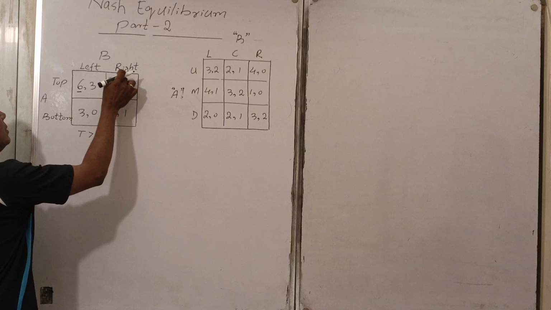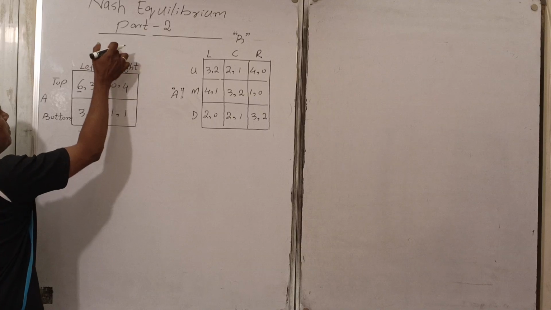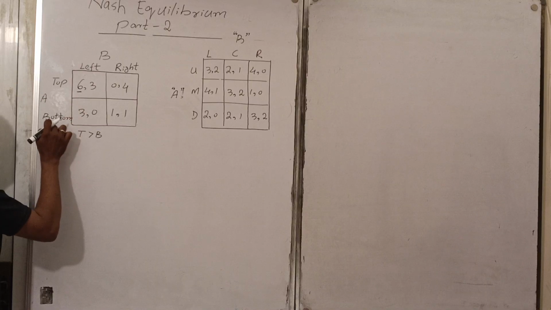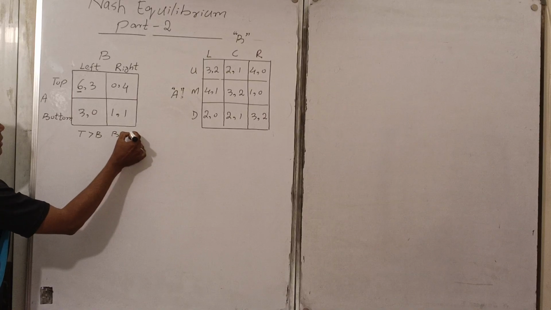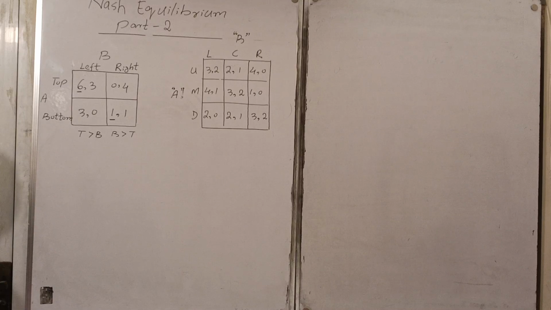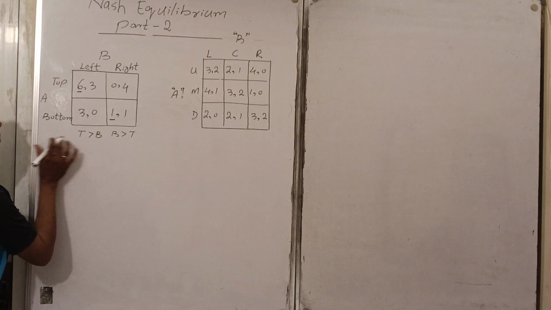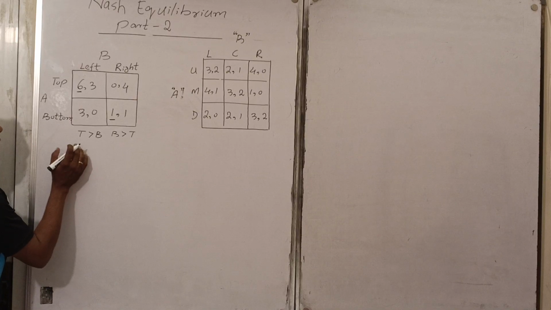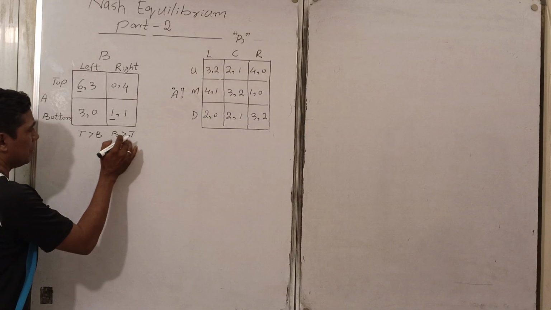And similarly here, we consider when player B decides to play right. Which strategy is better for A, top or bottom? Look at this one. Here the bottom is greater than top on the basis of this outcome. Clear? So now we can decide that the player A does not have any dominant strategy, because in that condition the top is better than bottom, and here the bottom is better than top.